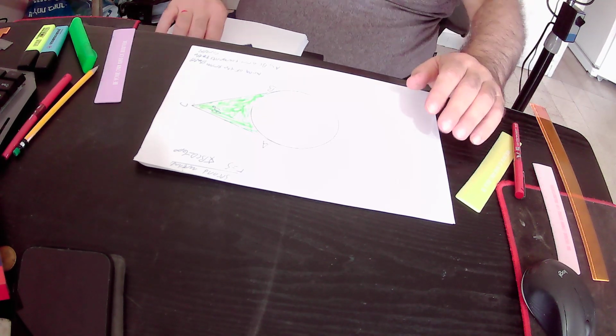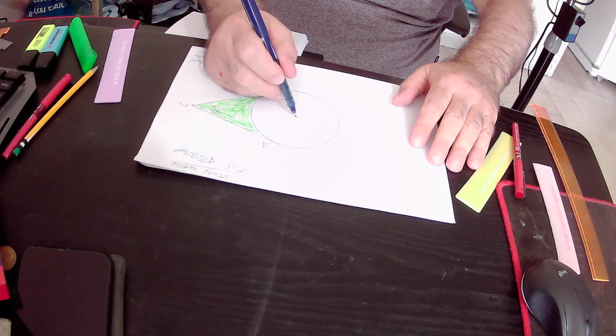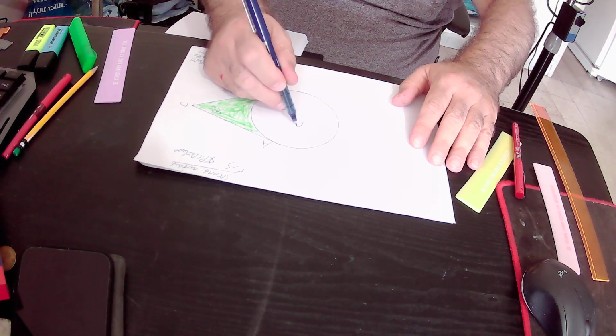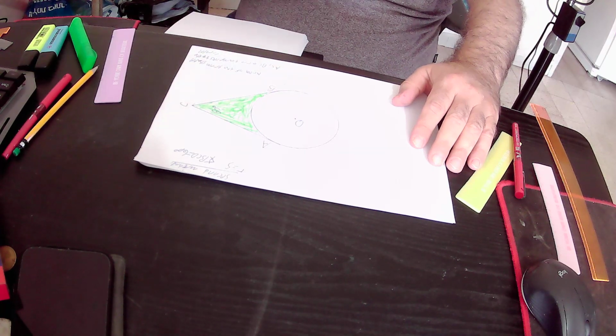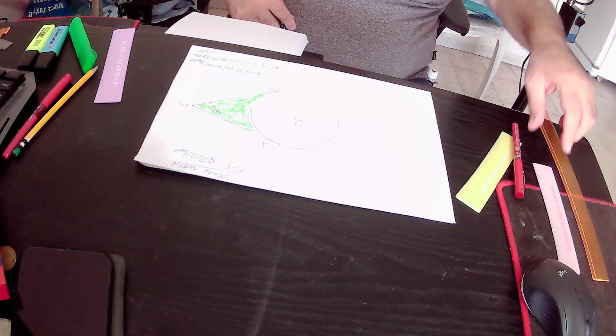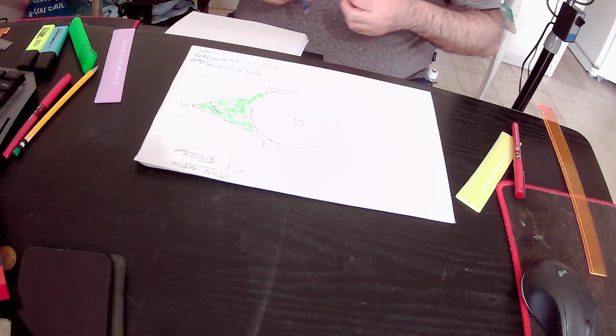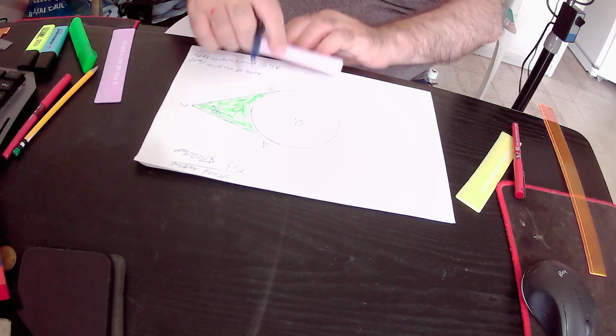We will define the center of this circle as point O. Then we will join points C and O by a straight line.